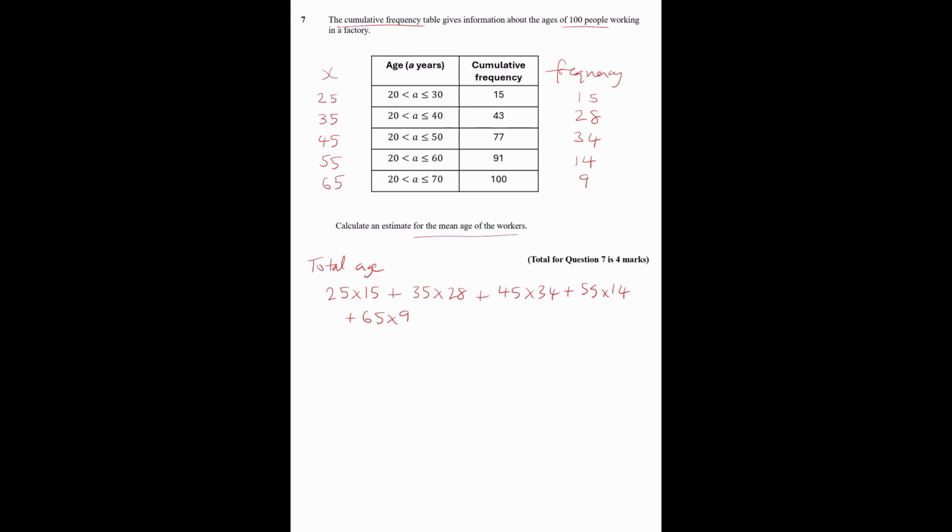That is 4,240. And then the estimated mean is that total age divided by the total number of workers, which is the total frequency, which is 42.4.